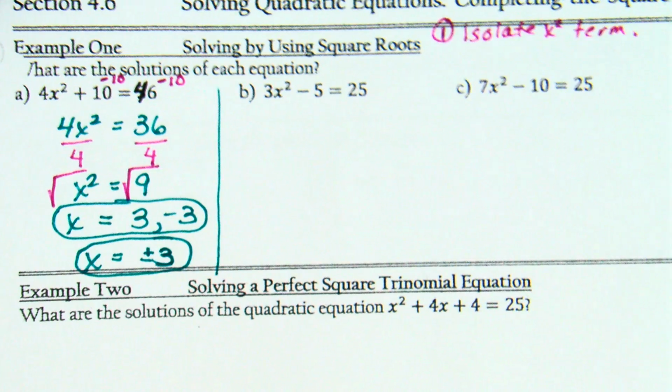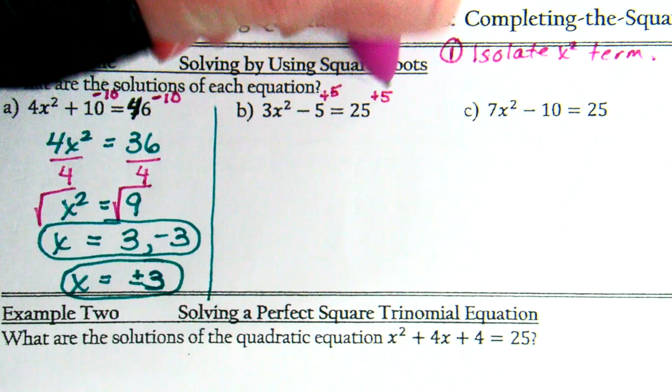So in this case, if it's 3x squared minus 5, the first thing I'm going to do is add 5. If we add 5 on the left, we add 5 on the right. And so now I have 3x squared equals 30. What's next?